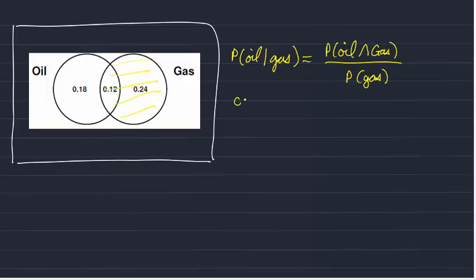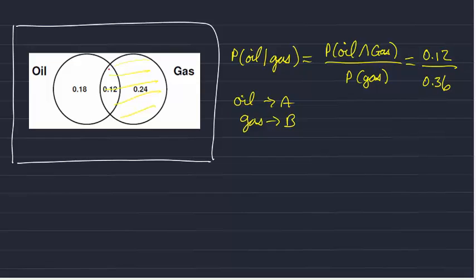Oil is A and gas is B. The probability of oil and gas is the area of overlap, 0.12. And the probability of gas is just the area of the gas circle, and that's 0.36.